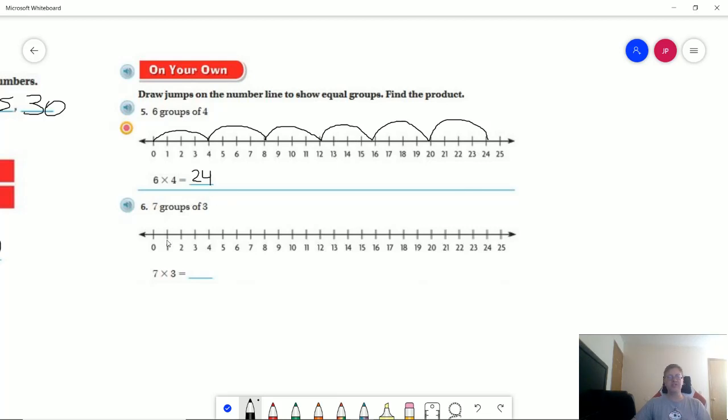And then if we're going to do 7 groups of 3, we can do something that would look like this. And while I'm drawing this, the thing that I normally see is they'll accidentally give the other multiplication fact. So instead of doing 7 groups of 3, they might do 3 groups of 7, because you can get to the same answer by doing 3 groups of 7 as you would get for 7 groups of 3.